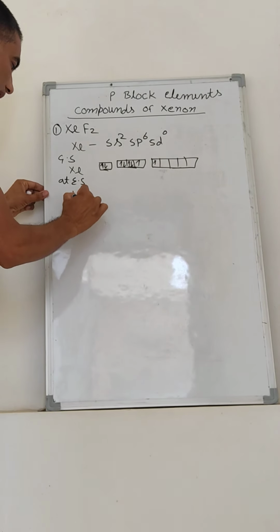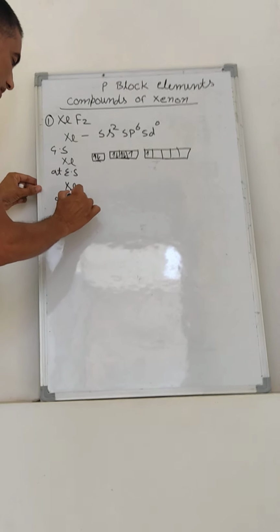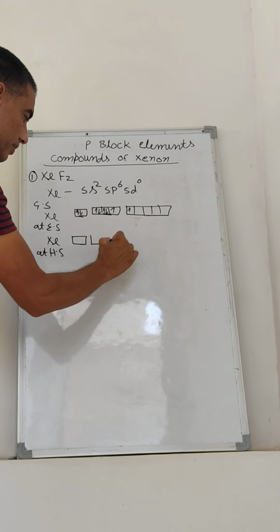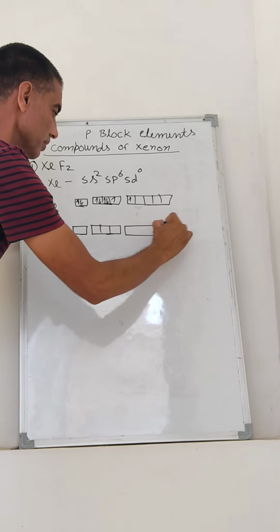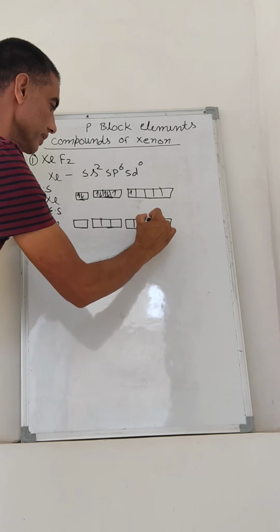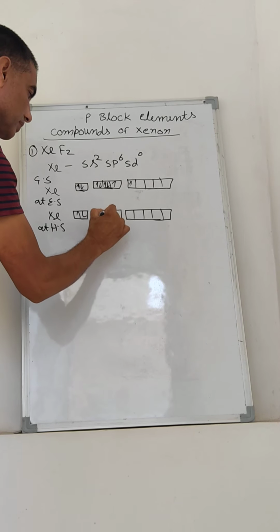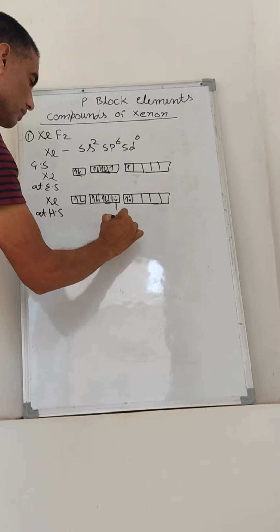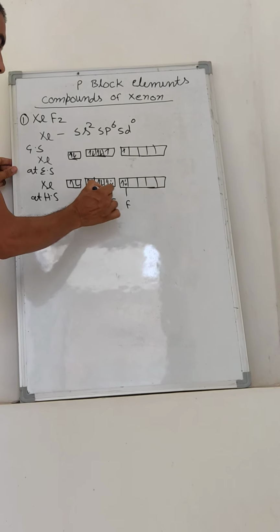After that, the electronic configuration at the hybrid state: 5s, 5p and 5d. Sigma and sigma.